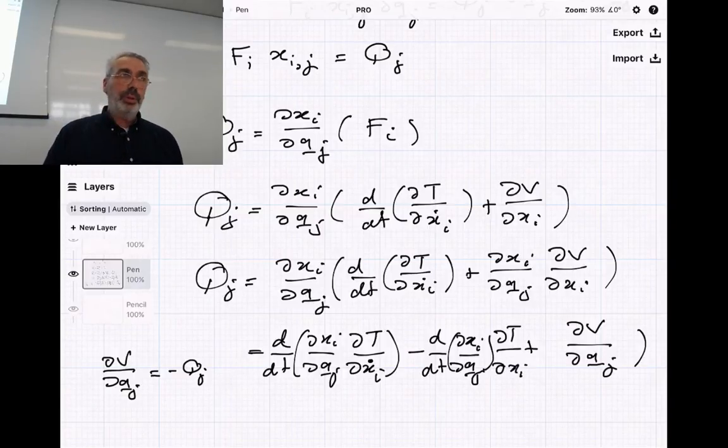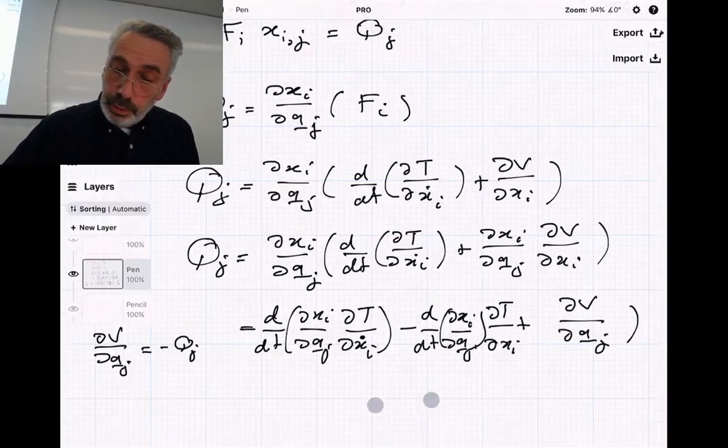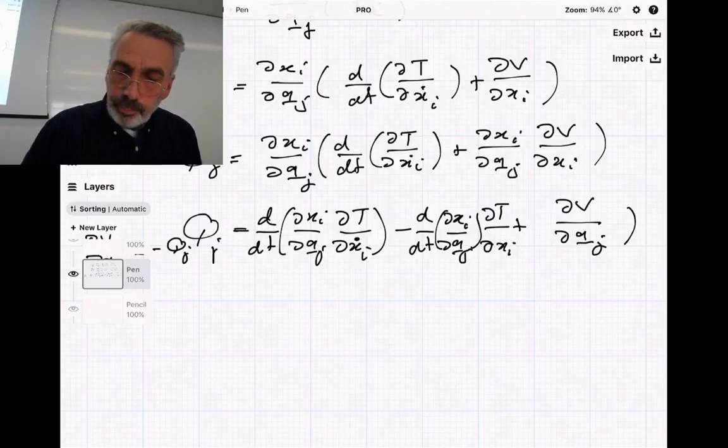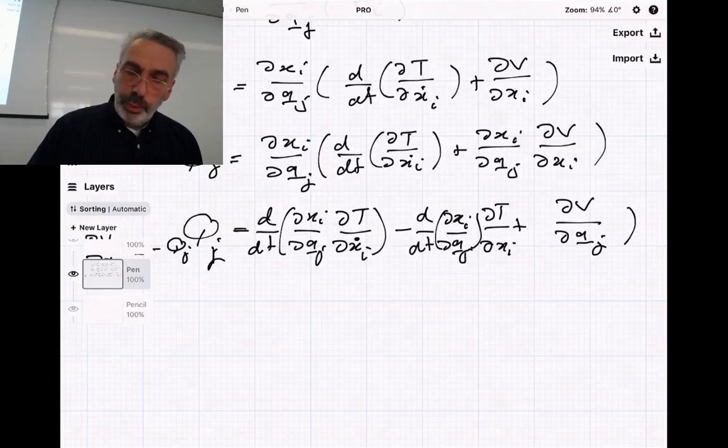That's what I do too much. And now it's all in order. So here we have Qj. First of all, this one. I would like to get rid of this x dot, but here I have no x dots.